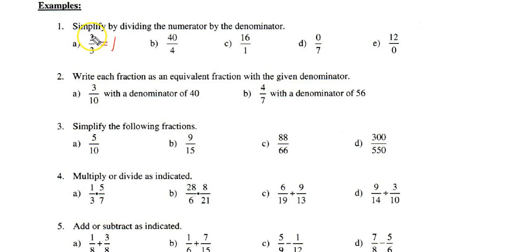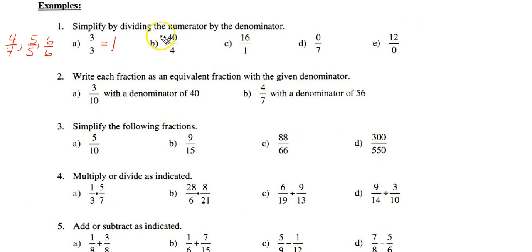Here we're seeing 3 over 3. You could have 4 over 4, 5 over 5, 6 over 6. All of these are 1. Now, the only exception is if it was a 0. 0 divided by 0 is not 1. That is undetermined.